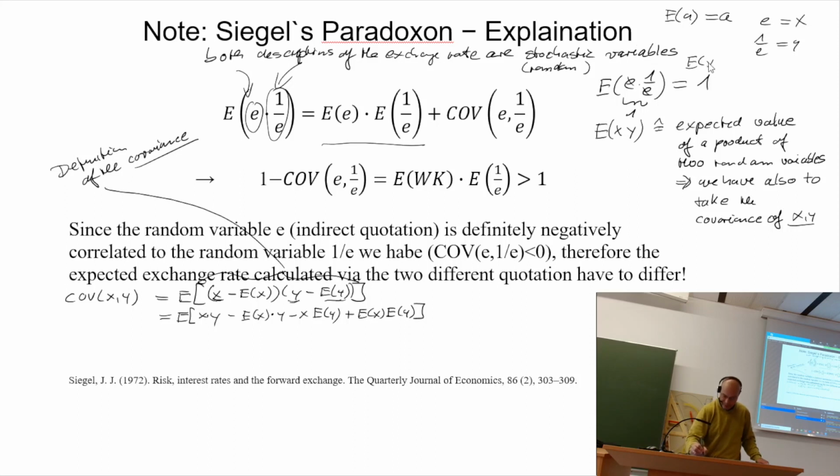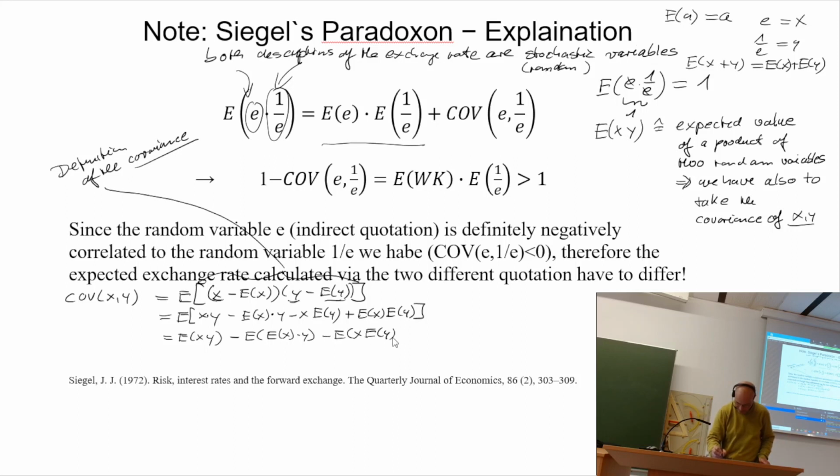So we know E of x plus y is E of x plus E of y. Then we can just split it. Only if we are multiplying these random variables, it is not possible. So this is E of x times y minus E of x times E of y plus E of x times E of y.